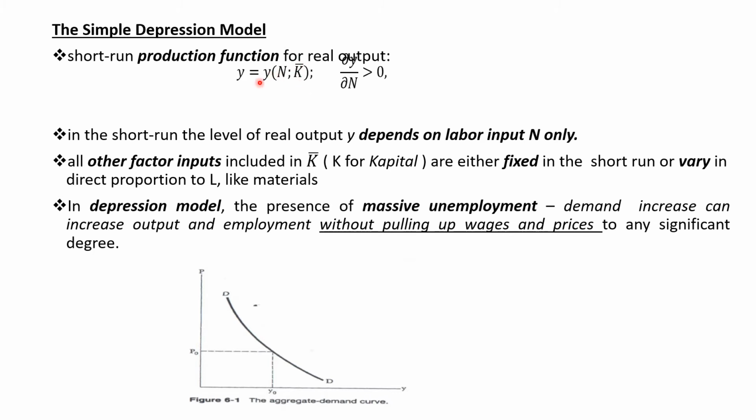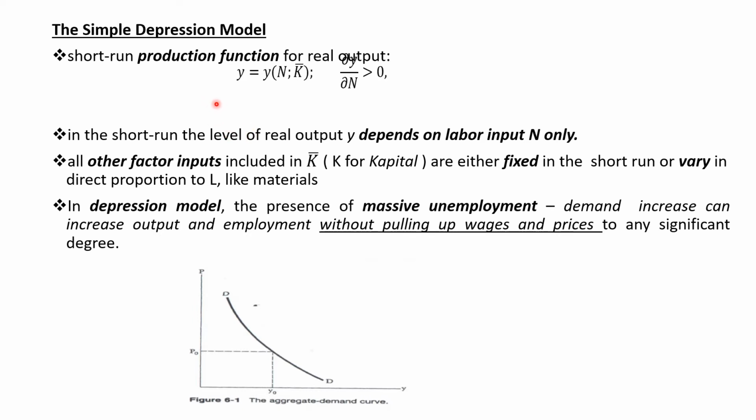For any given level of the output, the production function gives the level of employment N needed to produce this level of income. This gives us a complete, if somewhat unsatisfactory, depression model. The presence of massive unemployment means that a demand decrease can increase output and employment without pulling up the wage and prices to any significant degree.